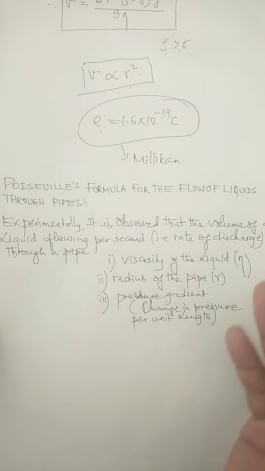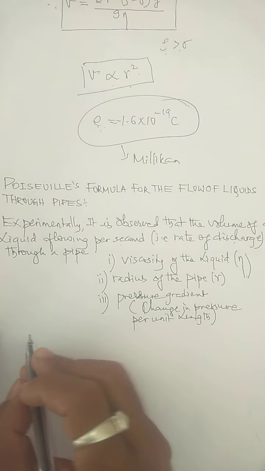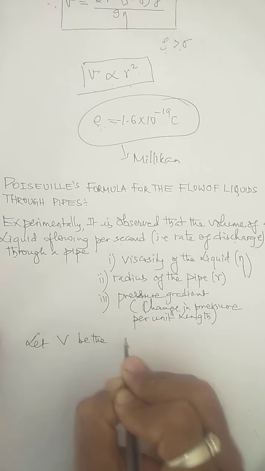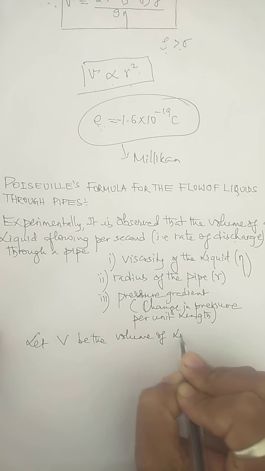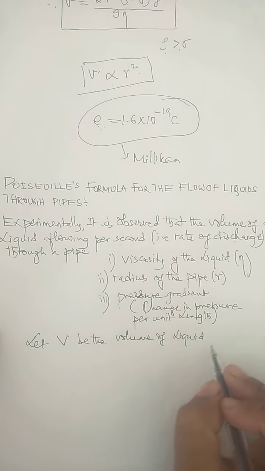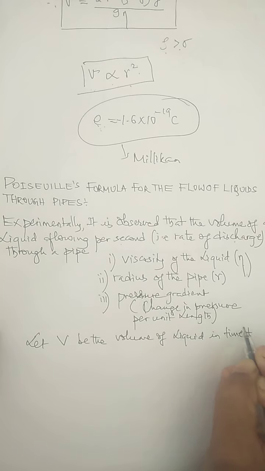But in order to derive the Poiseuille formula, we use the method of dimension. So children, here we use the method of dimension to derive the Poiseuille formula. For that, let V be the volume of liquid that is flowing in a pipe in time t.